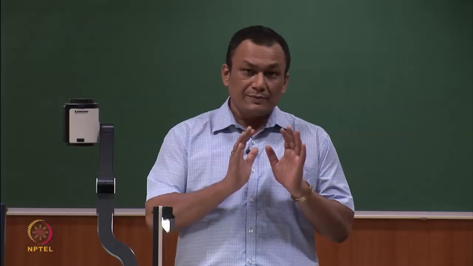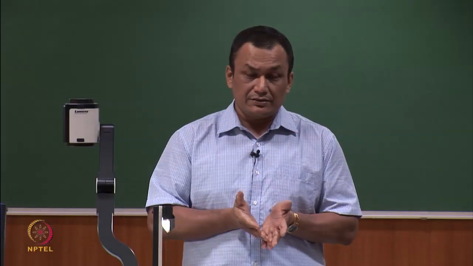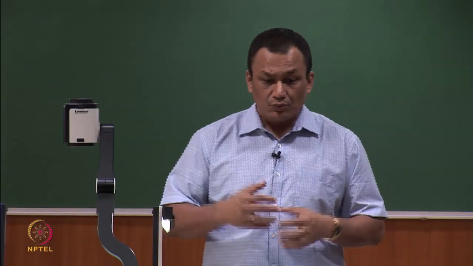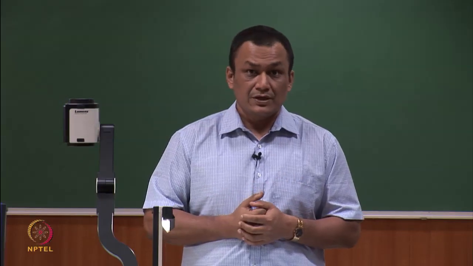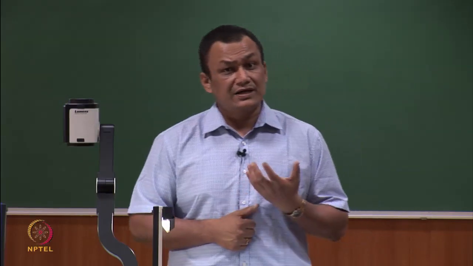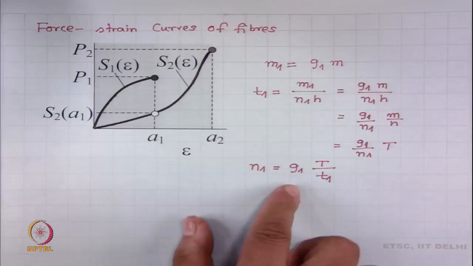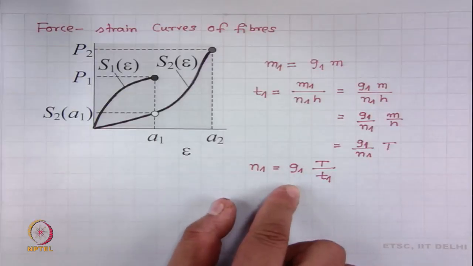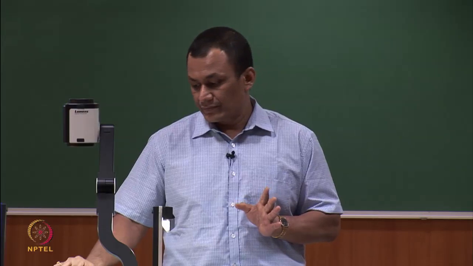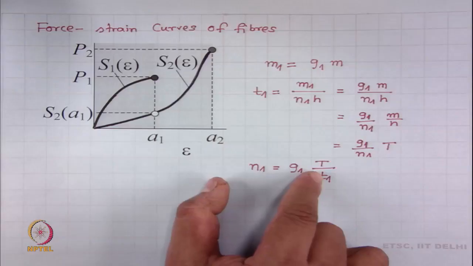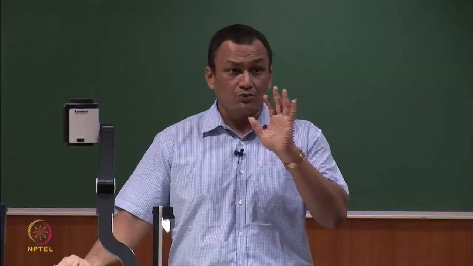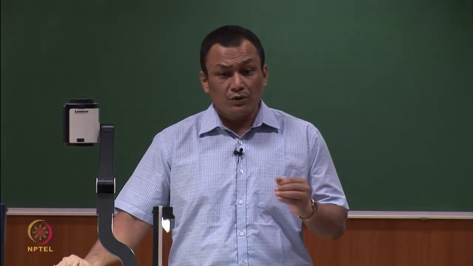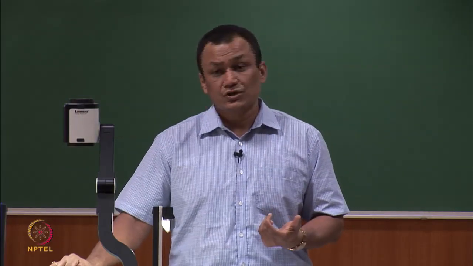Now, imagine in a textile company, we blend fibers in terms of their weight, their mass. So, generally mass fractions are known. So, G1 and G2 are known quantities, readily available. Capital T, what is the count of the sliver, the count of the roving, the count of the yarn, these are all generally known. The fineness of the fiber is also known.